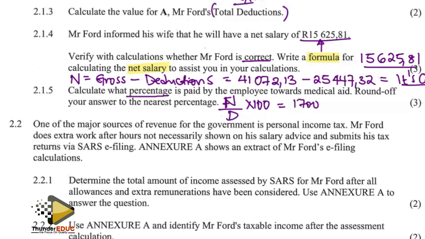1,701 over the denominator, which is the gross salary. And remember, we got it as 41,072 rands 13 cents. So we multiply by 100.